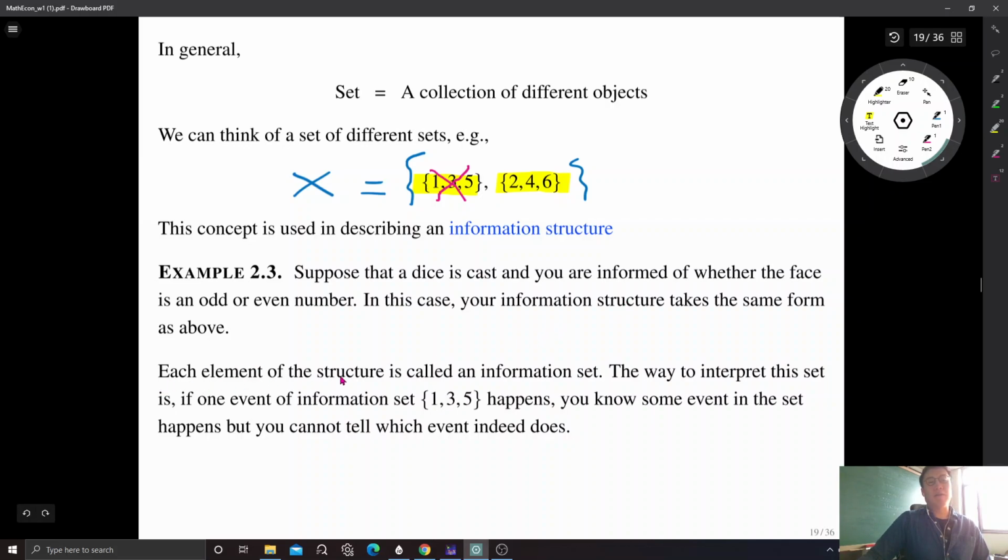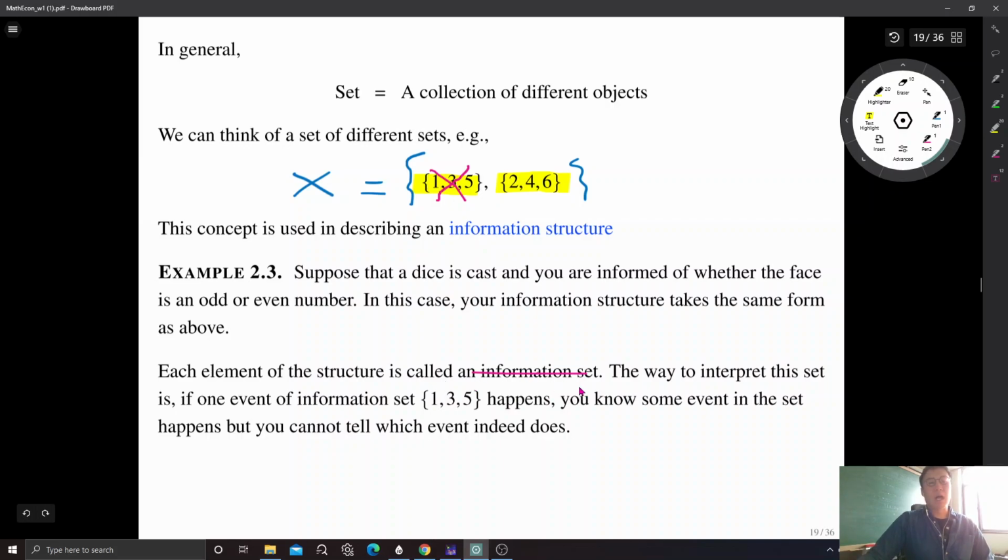Each element of the structure is called an information set, and the way to interpret this is: information set {1, 3, 5} is an element of the information structure. So the information structure means this set X in this example, and {1, 3, 5} is an information set.